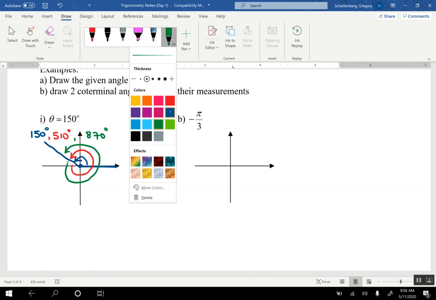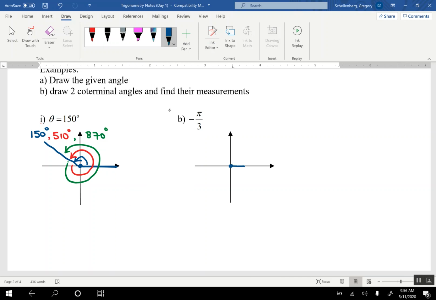Okay, -pi/3 radians. In standard position, measuring clockwise, this is something like -pi/3 radians, and we can continue rotating another 2 pi radians. We're working in radians now, so we're subtracting 2 pi radians from this to find the next coterminal angle.